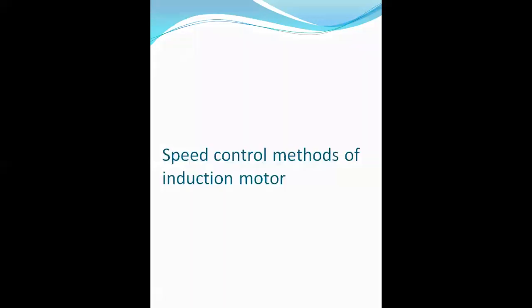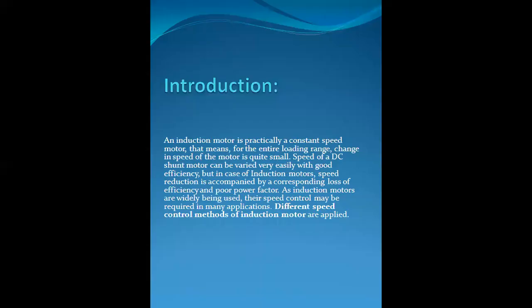Another part of today's discussion is the speed control methods of induction motors. An induction motor is essentially a constant speed motor. That means for the entire loading range, the change in speed of the motor is quite small. Speed of a DC shunt motor can be controlled very easily with good efficiency.